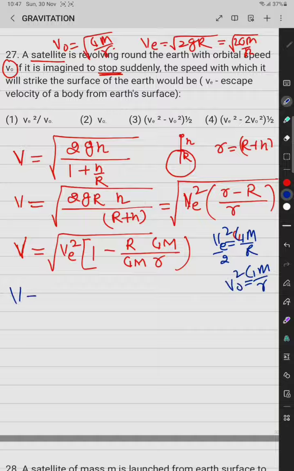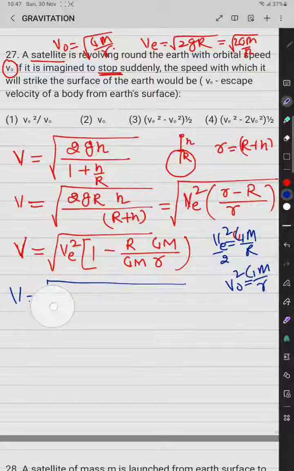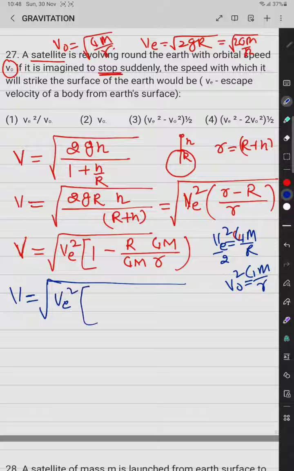Now the velocity at the ground is equal to 1 minus 2 by escape velocity multiplied by orbital velocity square.